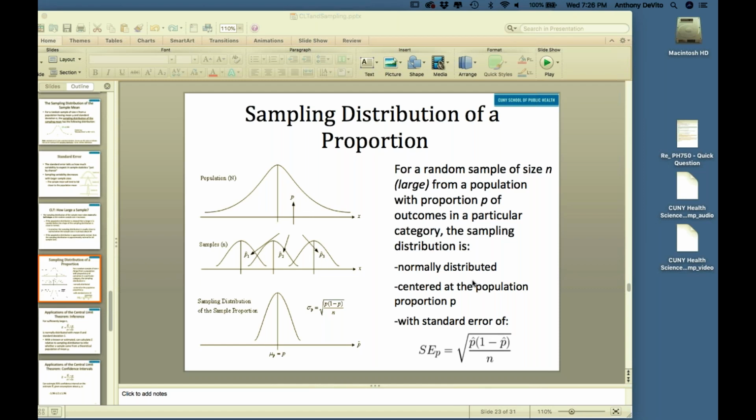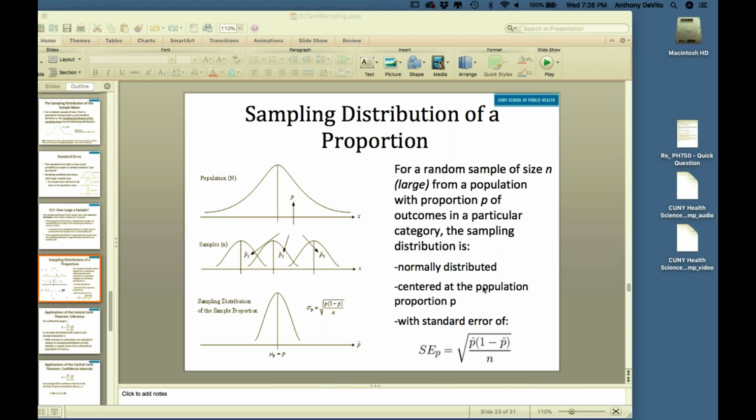So we can take repeated samples from a population and ask them over and over again, are you going to vote Democratic or Republican, just two answers, and one time we get a proportion of 0.45, another time 54% voting Democratic, 48%, 52%, 56%, 51%, and so on and so forth.